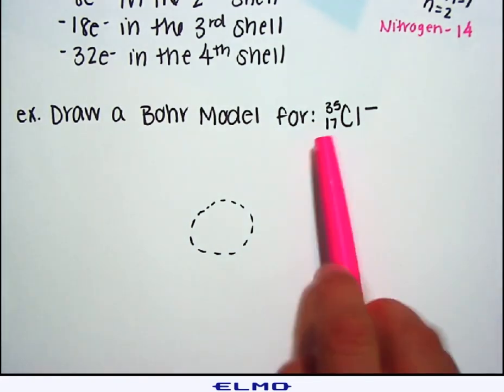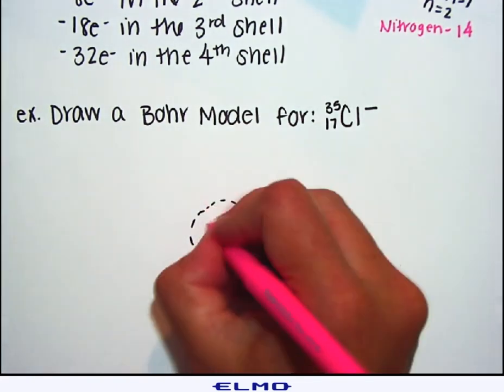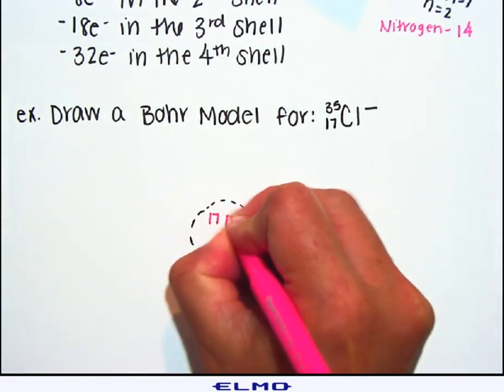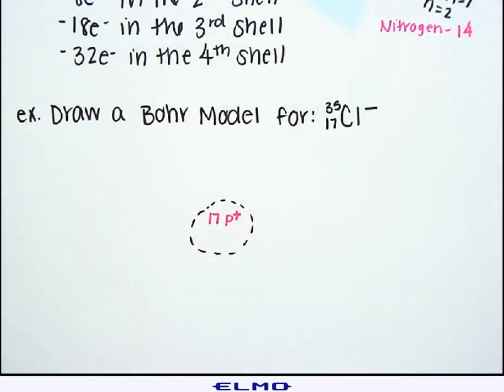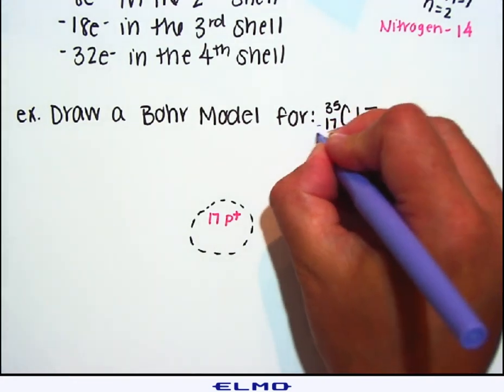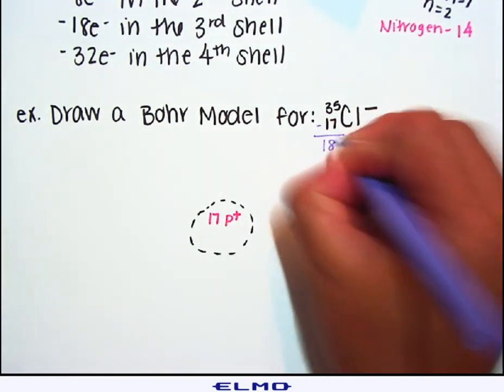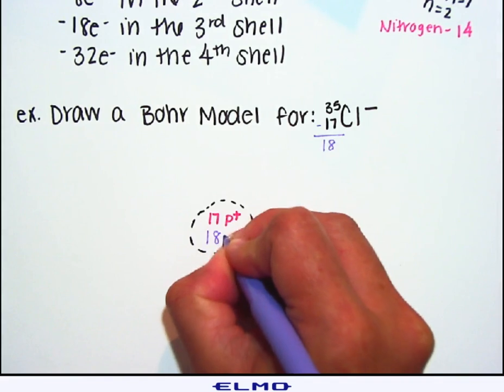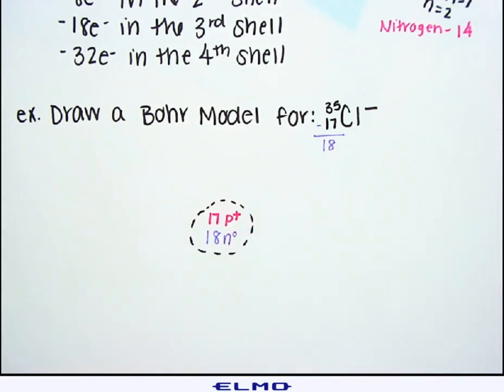First, chlorine has an atomic number of 17. Atomic number is equal to the number of protons. Chlorine has 17 protons. If I take my mass number minus my atomic number, that will give me the number of neutrons. So 18 neutrons. And again, please write the numbers rather than trying to draw 35 particles in your nucleus. Much easier just to write the numbers.